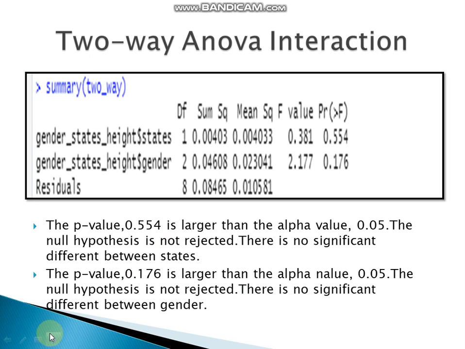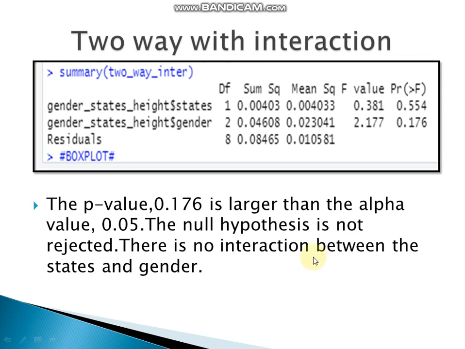The null hypothesis is not rejected, so there is no significant difference between genders. For the two-way with interaction, the p-value of 0.176 is larger than the alpha value of 0.05. The null hypothesis is not rejected. There is no interaction between the state and gender.